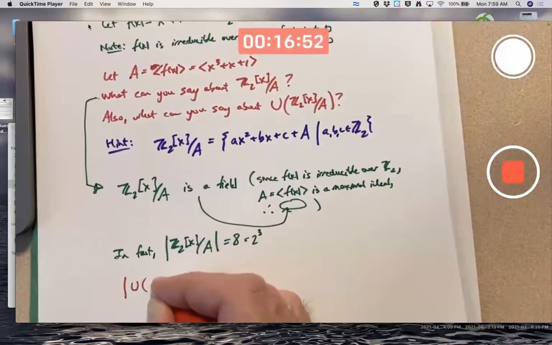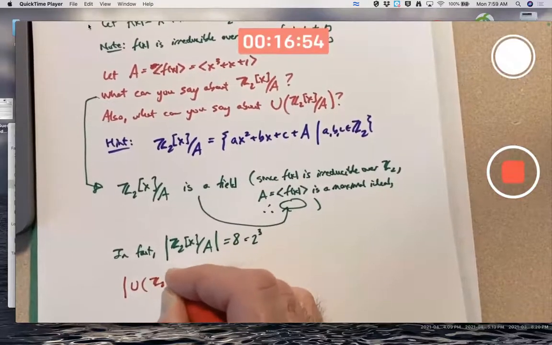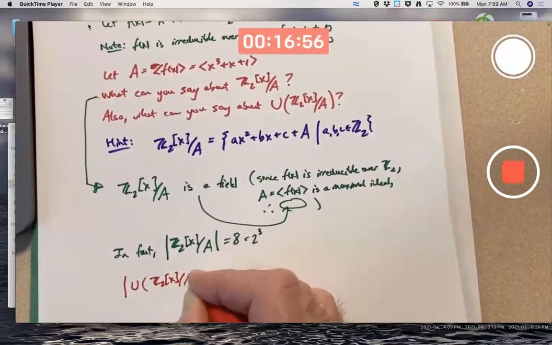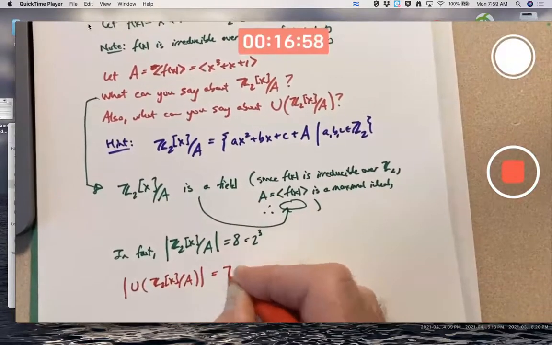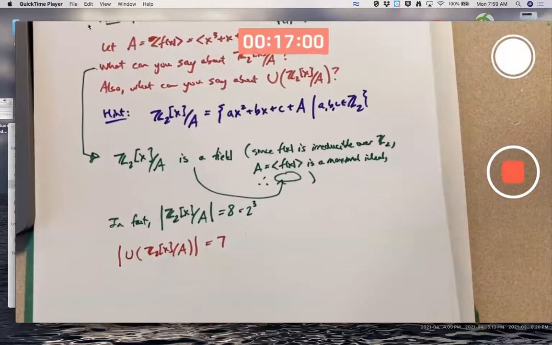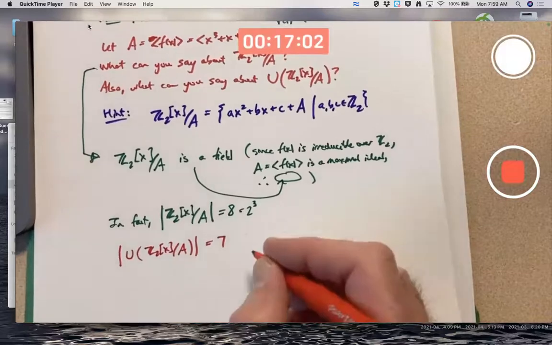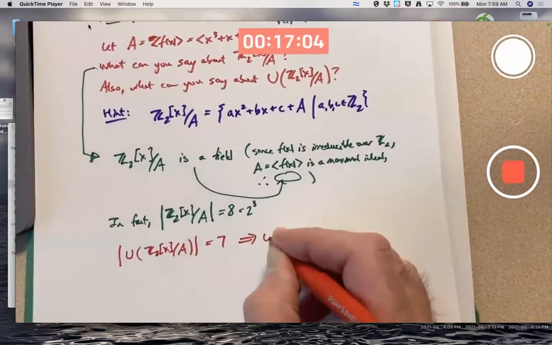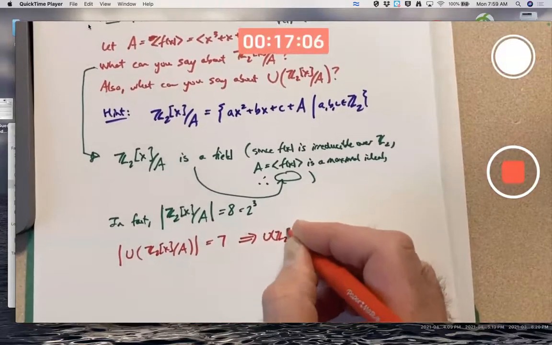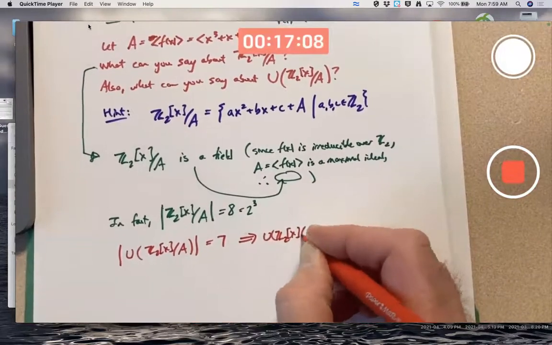One thing you can say about the group of units is that it's got 7 elements. And 7's prime. Hey, that means I can say something else. What's it got to be isomorphic to?